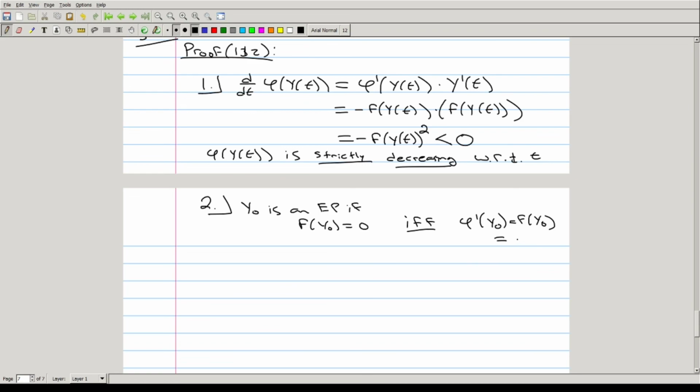So this must also be equal to 0. And like I said, part 3 is a proof by contradiction and is a little bit longer, so we're not going to go over that proof right now. But if you're interested in it, it's in chapter 1 of the Kelly book.